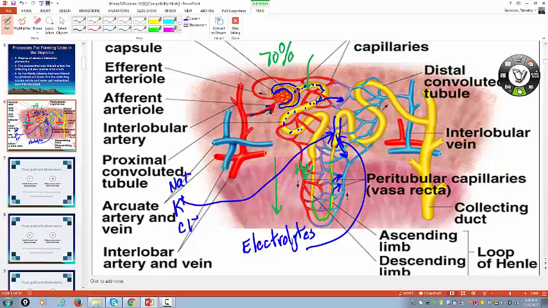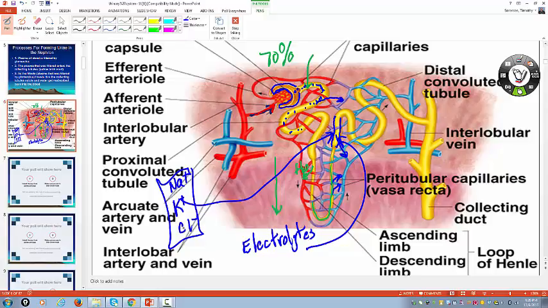And when you reabsorb these things back into the blood, water will follow. But these are actively pumped back into the blood, and they're all three reabsorbed at the same time.